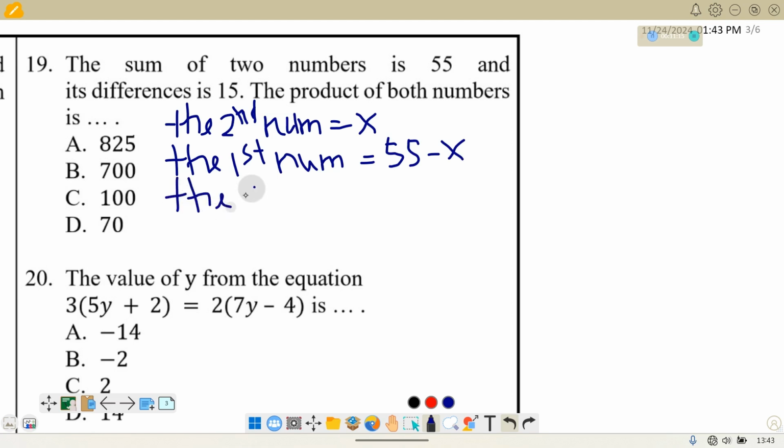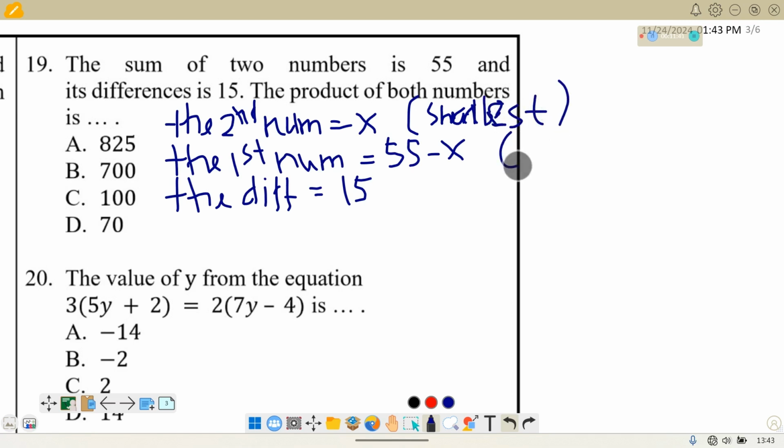The difference is 15. The meaning of the difference is the biggest number minus the smallest number. Let's say the second number is the smallest. This is the smallest. This is the biggest. Okay.